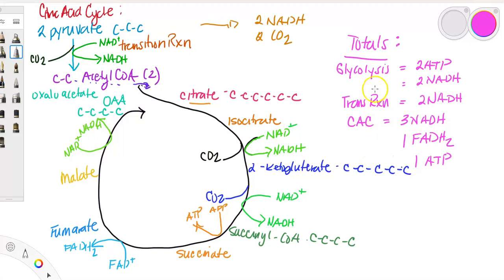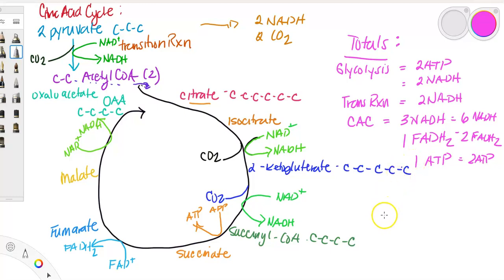All right, but you know we have 2 acetyl-CoAs, so we really got 6 NADHs, 2 FADH2s, and 2 ATP.